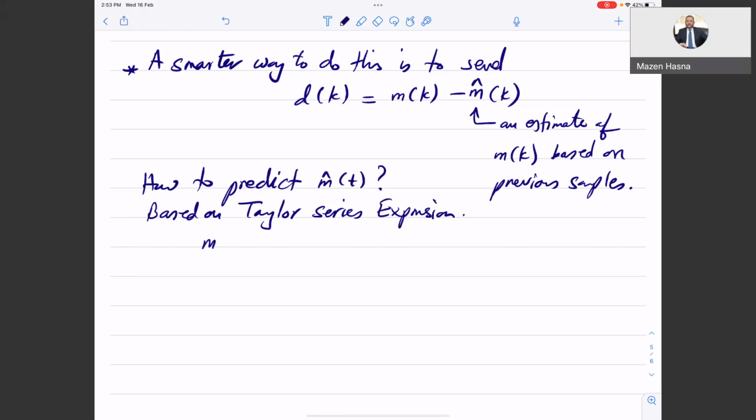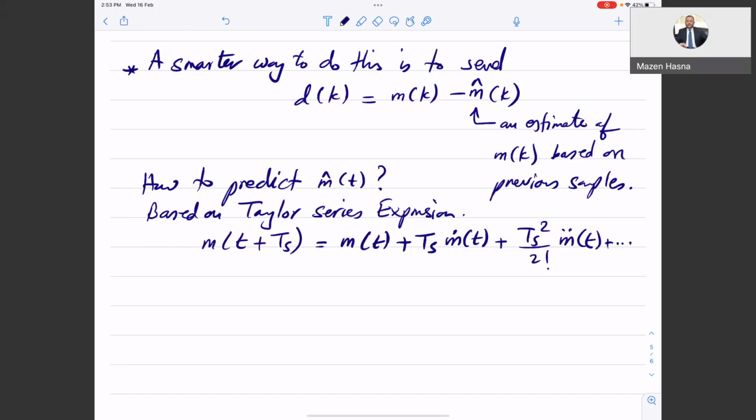It says that if you are at m of t and you want to predict the signal at t plus Ts, where Ts is the sampling time, so it's the next step, it's m of t plus Ts times m dot of t. Of course here we have to assume that the signal is differentiable, and then plus Ts squared over 2 factorial m double dot of t, and so on.